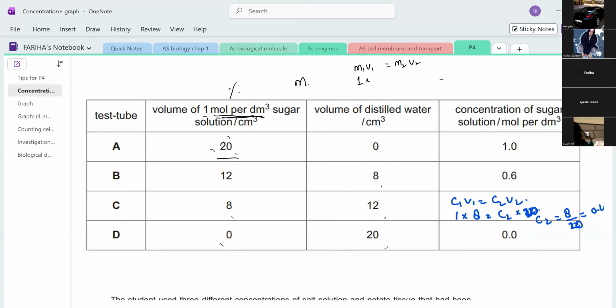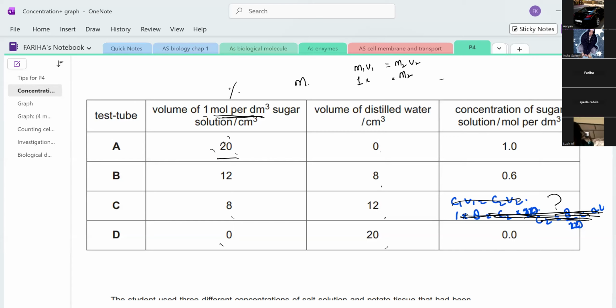Now, what the examiner is asking, look at this question. This is not provided. This is the part of the table that is asked in the question. So what the examiner is asking, concentration of sugar solution. That is M2.